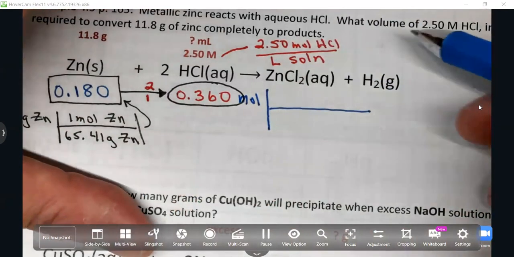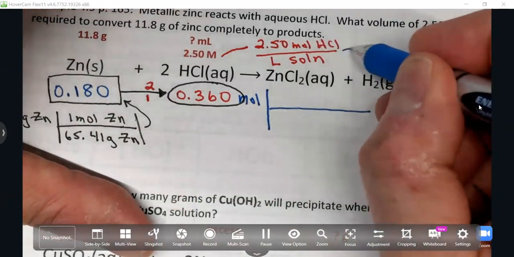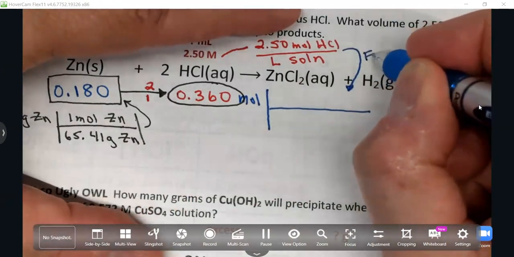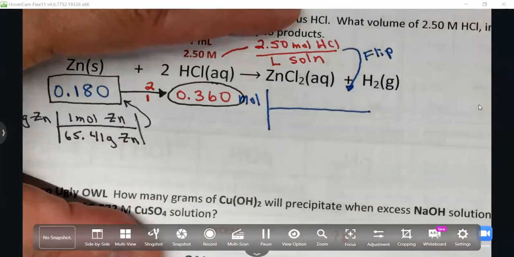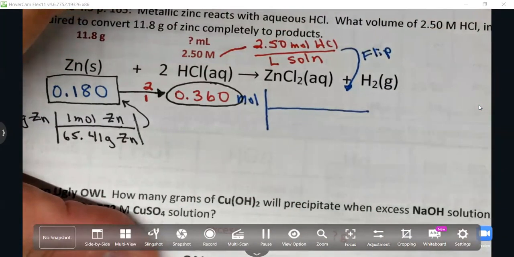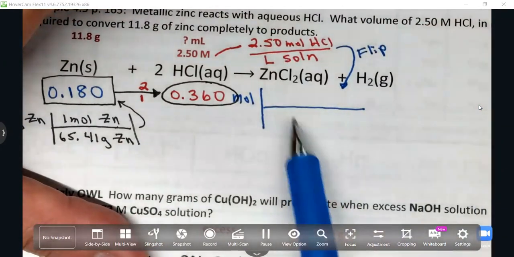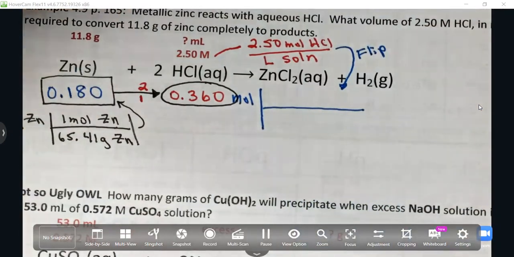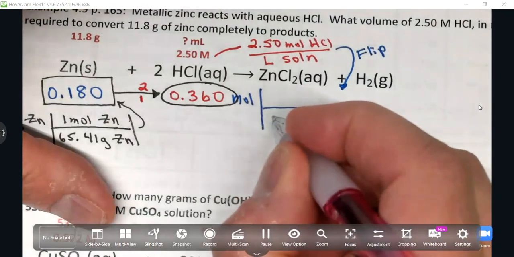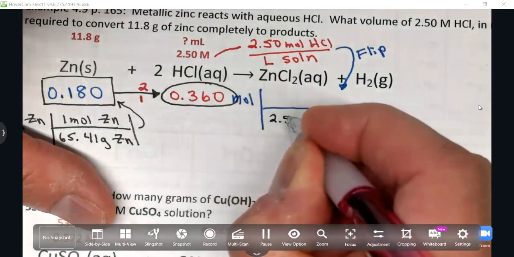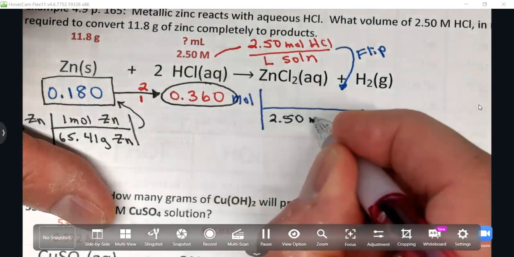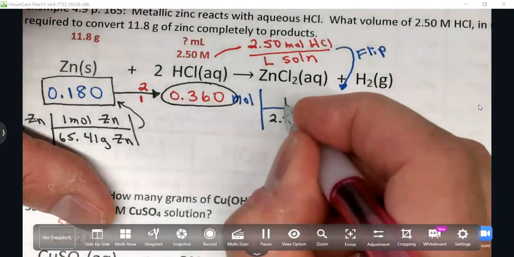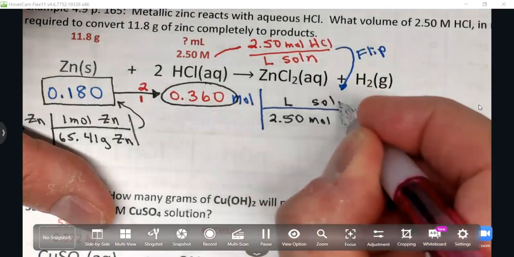So we're going to bring this down and just flip the units. We have to get moles down below. So when we flip this, we end up with 2.50 mole of HCl per liter of solution.